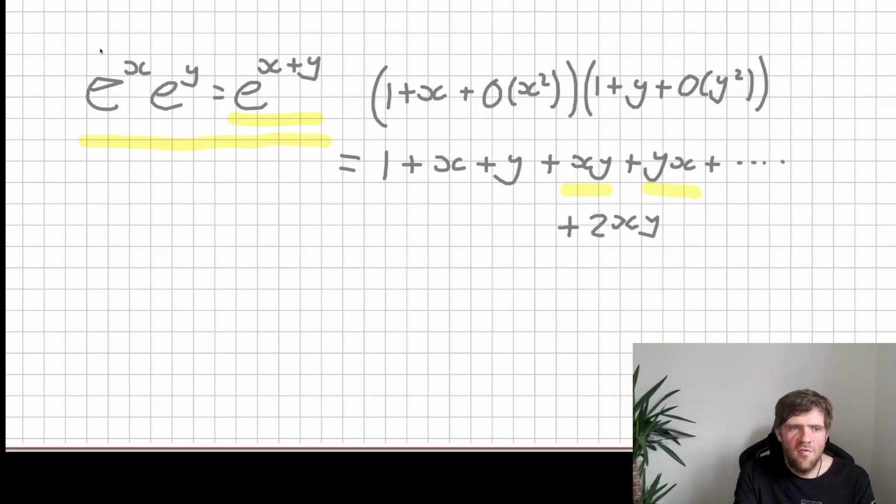So in our proof that e to the x times e to the y is equal to e to the x plus y, if we continued on this, and I'm not really going to look into it in detail, I'm just highlighting the point where the issue would crop up. If we were to try and prove it in this way, we would explicitly be using the fact that these two things commute.